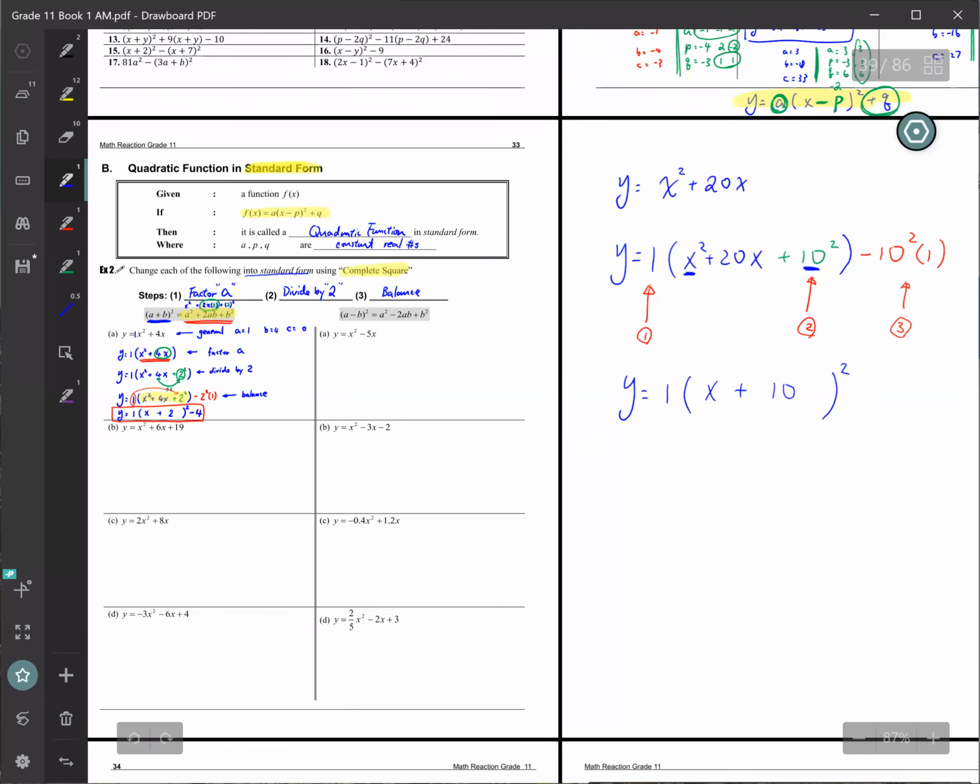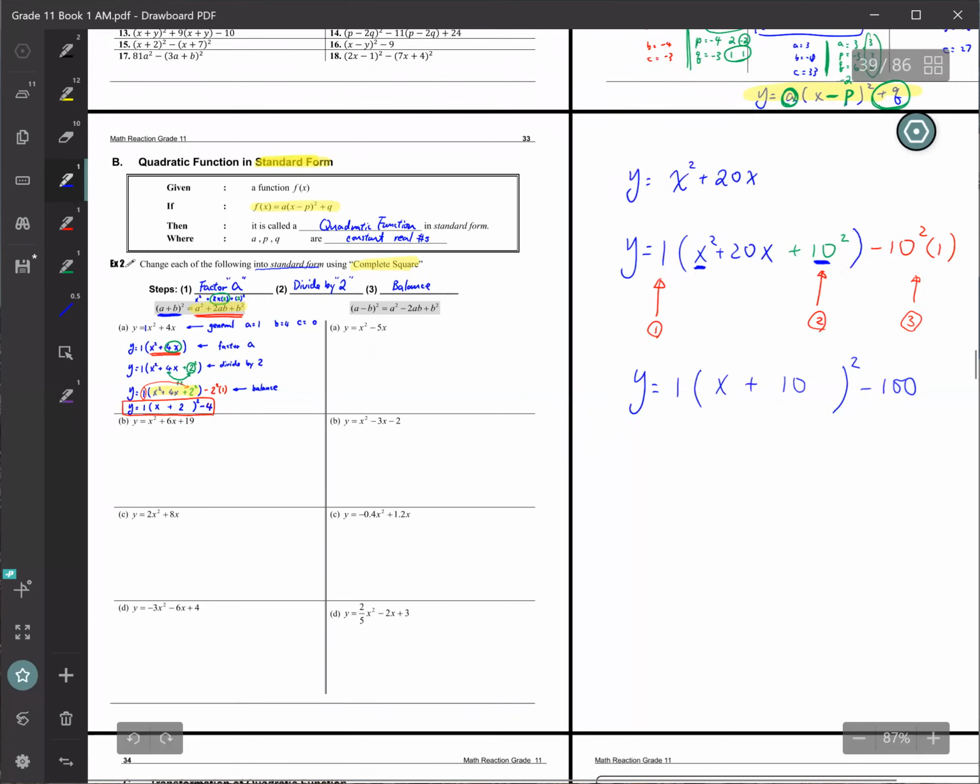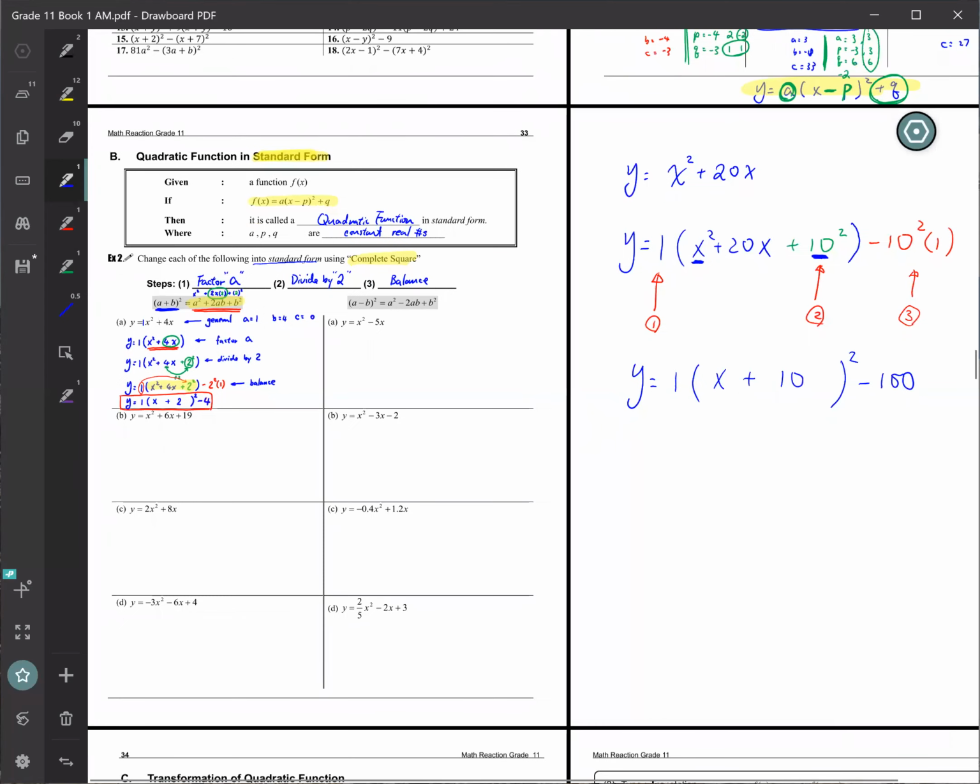So you can tell that A is the x, B is the 10. So you put x plus 10 and then square. And then on the outside, you have 10 squared. That's 100, right? So minus 100. So you can see that now this is in the APQ form, the standard form. Any questions so far?